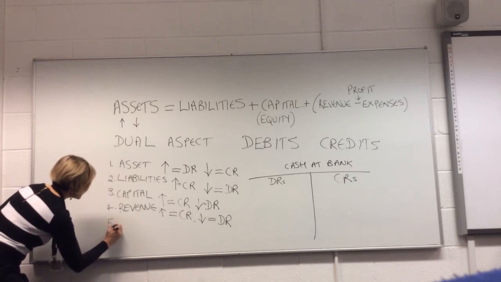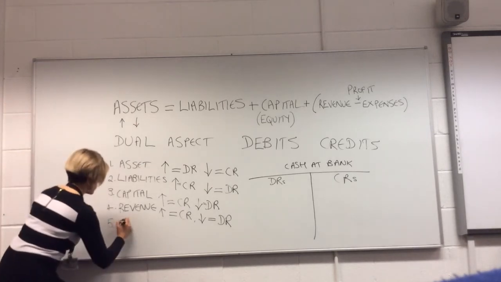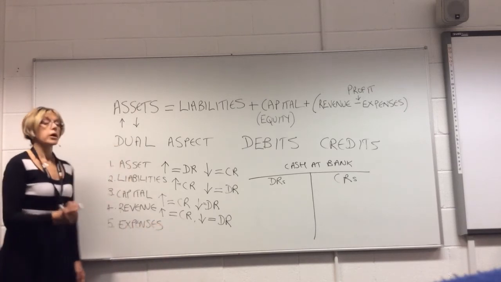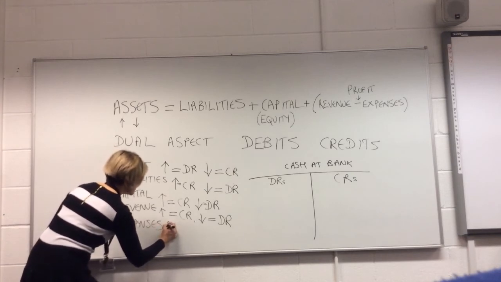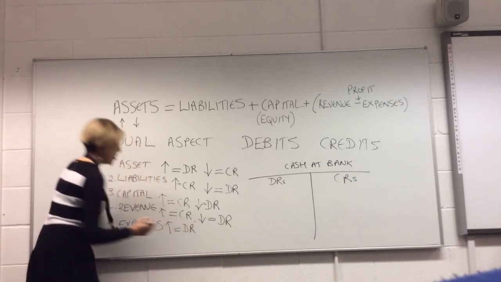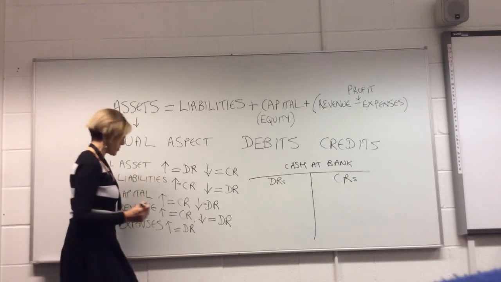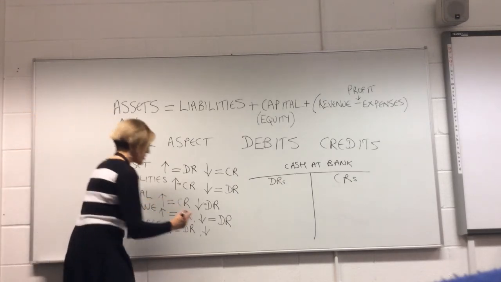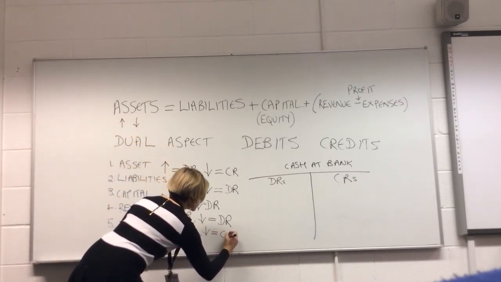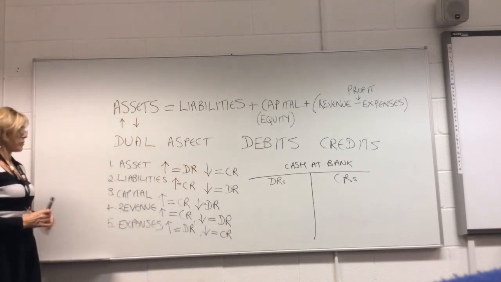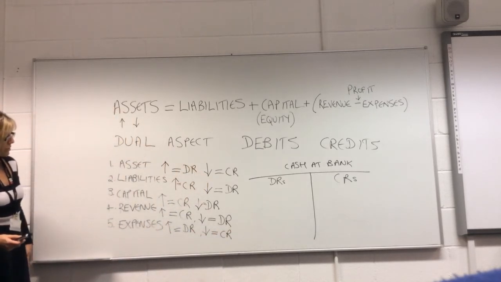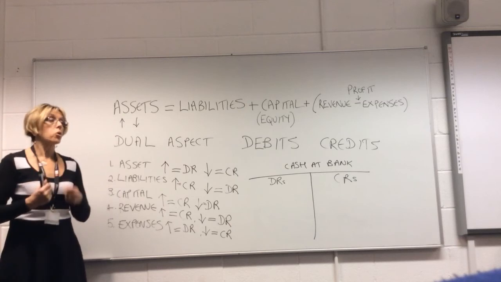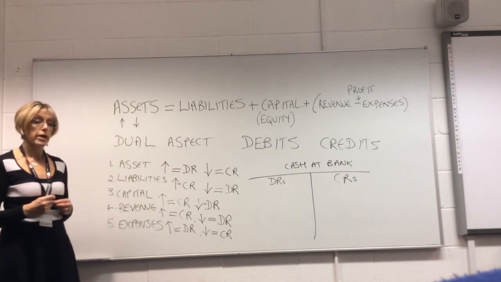And finally, we deal with our expenses or costs. An increase in cost and expenses is a debit on the left-hand side of the T account, and a reduction in costs or expenses is a credit. Now this looks like a whole load of gobbledygook probably at the moment, but these are the rules which we use when we're recording transactions in our accounts.